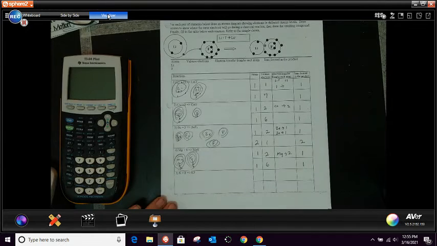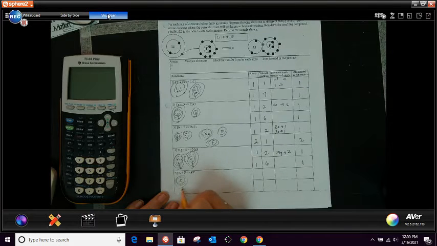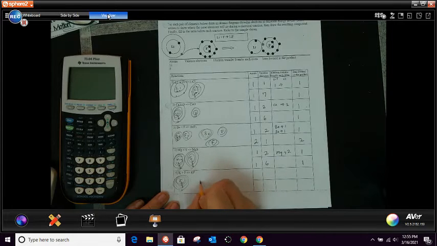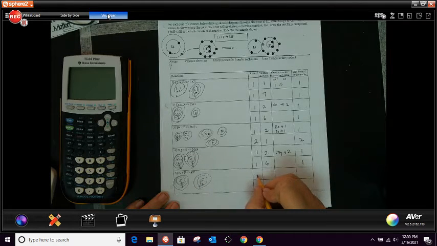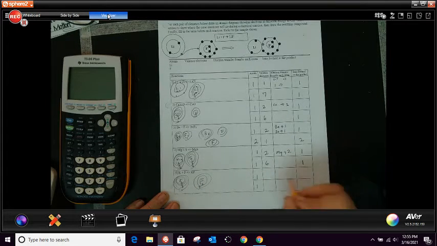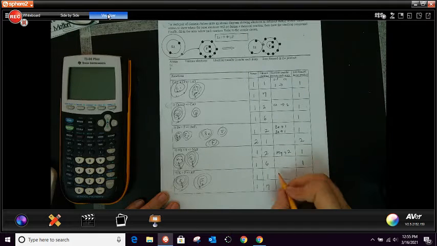The last one, potassium, has 4 energy levels. It's 2, 8, 8, and then we have 1. Fluorine has 2 energy levels. We've got 2 and 7. So there's 1 apiece. 1 valence electron compared to 7 valence electrons.